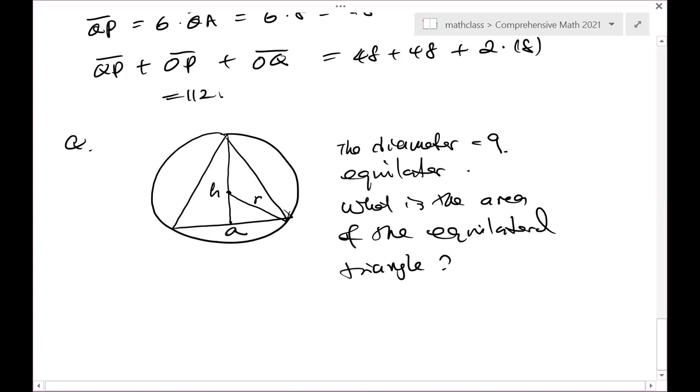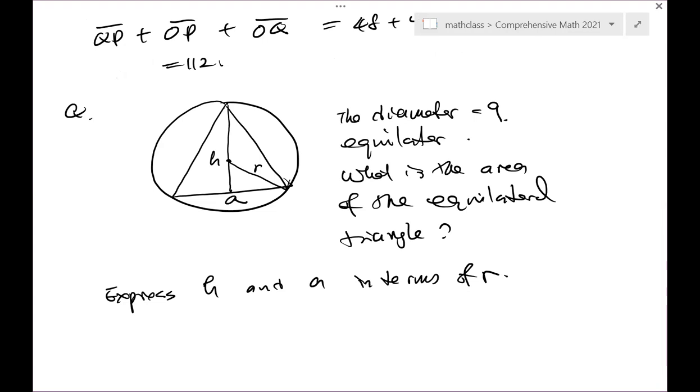If we can express a and h in terms of r, then we solve the problem. So we're trying to express h and a in terms of the radius, because the radius is given, it's half of 9.